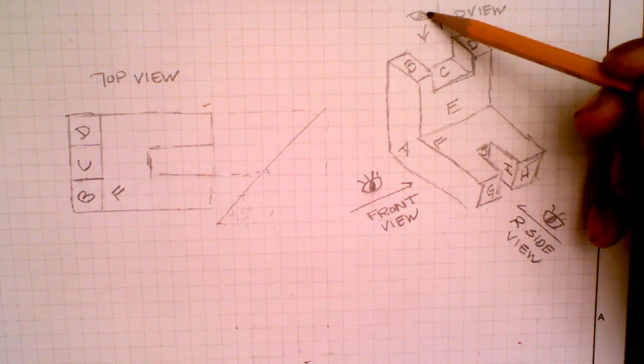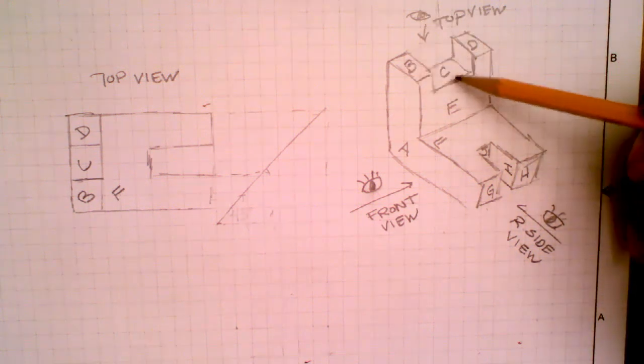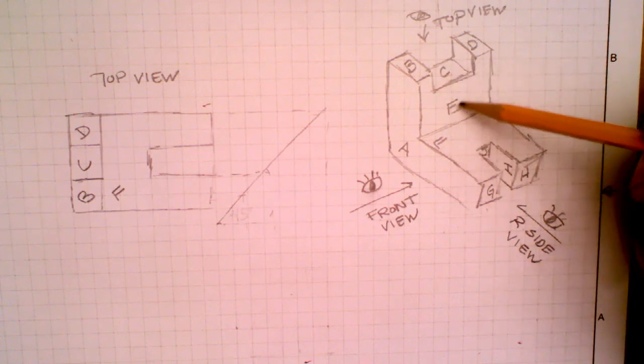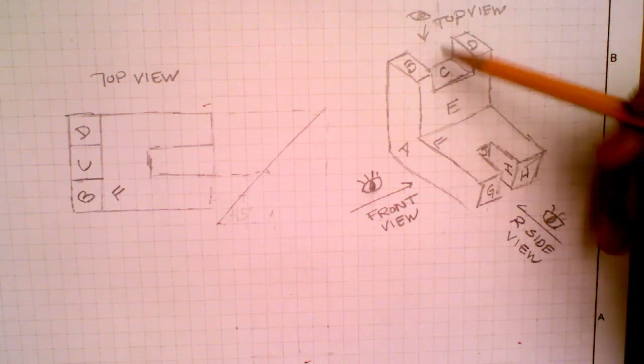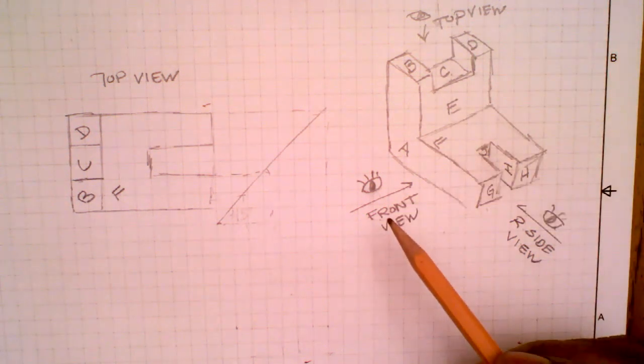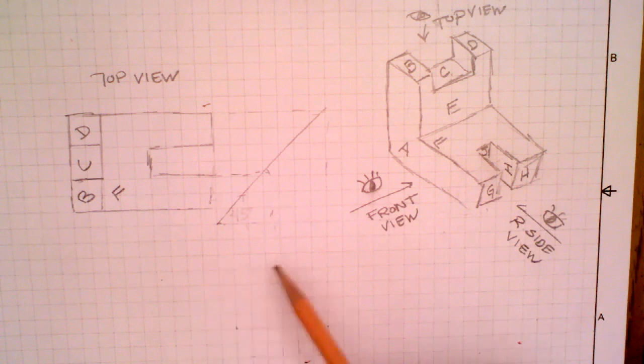If I'm standing at this position, my line of sight is B, C, D, and F. I cannot see any of these other surfaces because they're not in my line of sight. So now what I want to do is go about the process of creating the other 2 missing views.